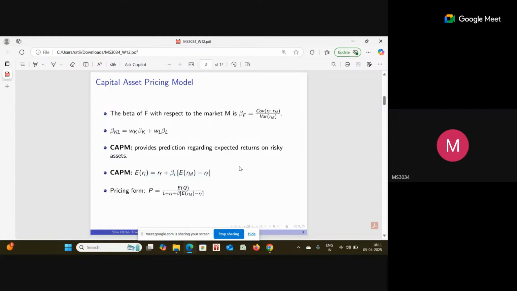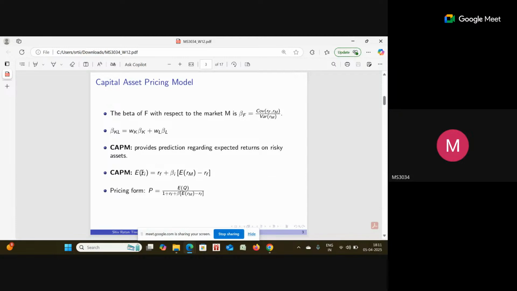and we can represent it in the pricing form also. So how do we derive this pricing form? If we have an expectation regarding the future price of a particular asset, let's suppose the expected future price is q and the current price is p, then we can get this p by using this formula.